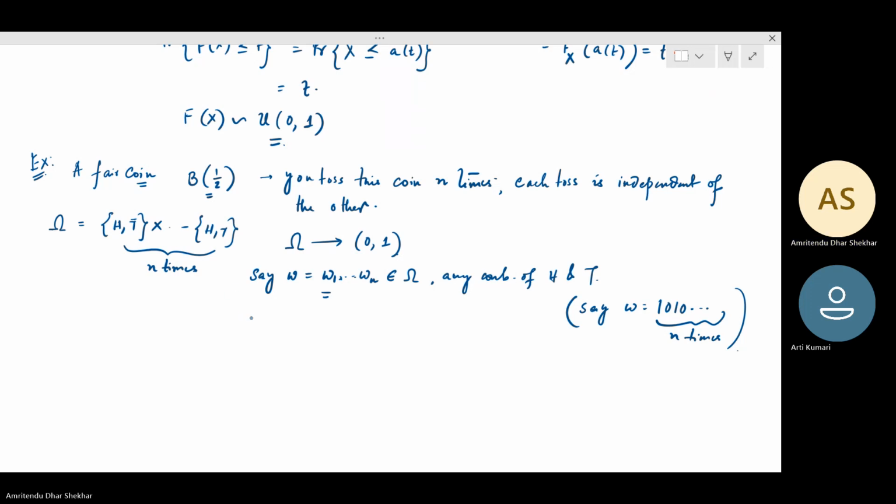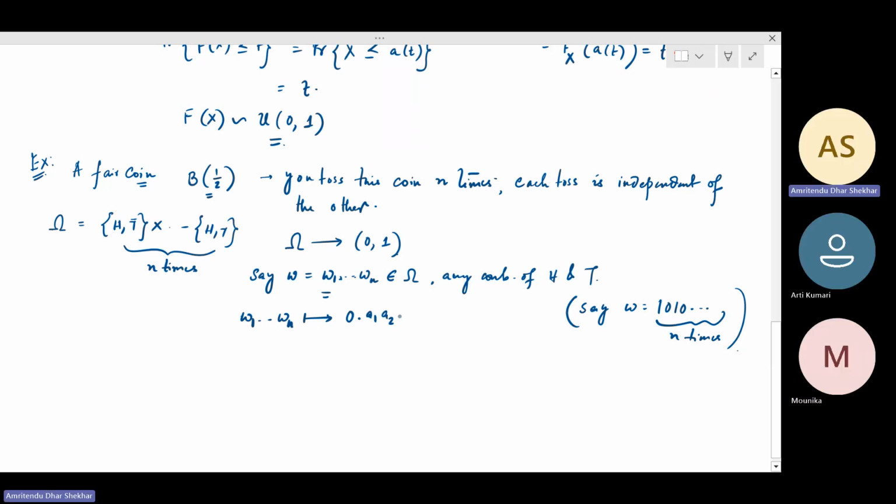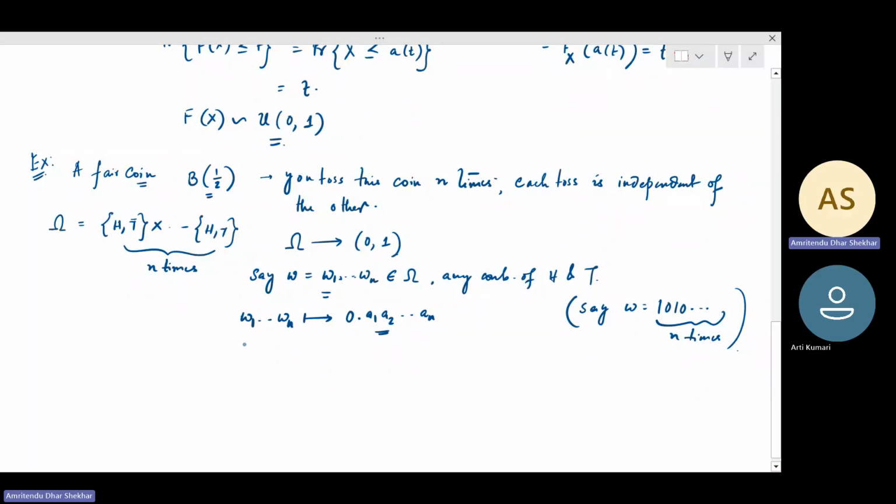So omega 1 up to omega n, this map goes to 0 point A1, A2 up to An, where Ai is equal to 1 if omega i is head, and Ai is equal to 0 if omega i is tail.